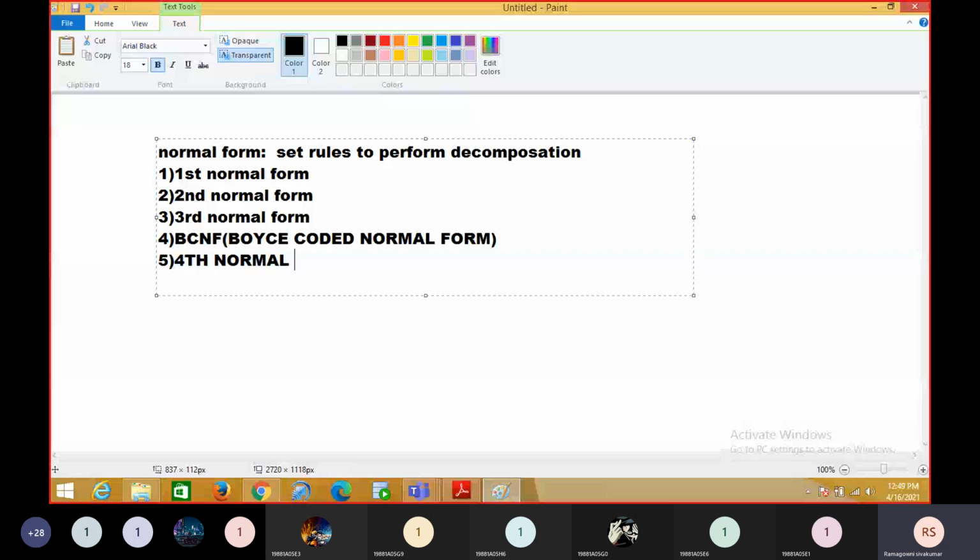In this way we have the normal forms: 3NF, 4NF, and still the domain key normal form.